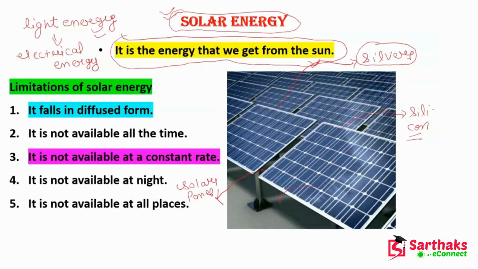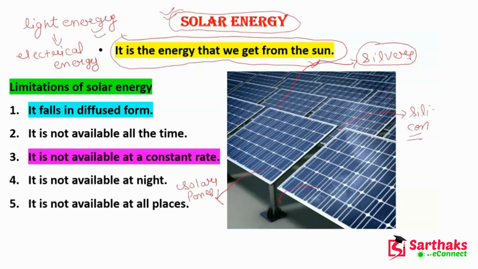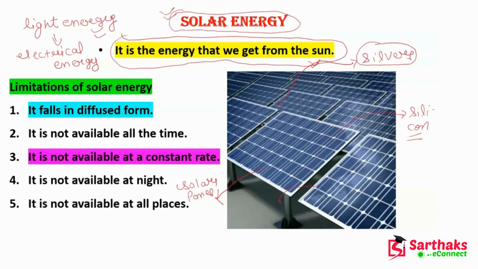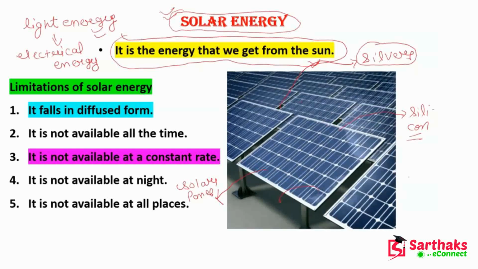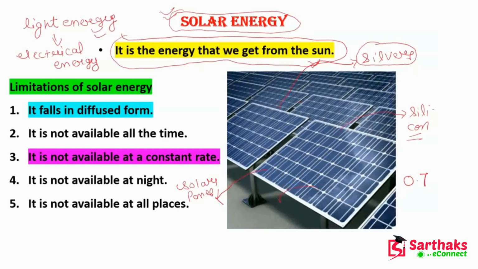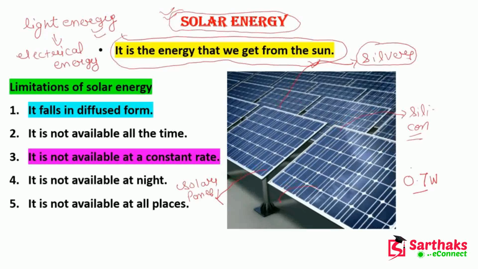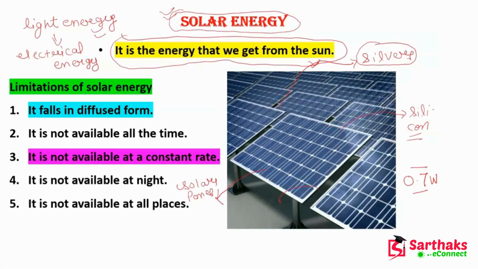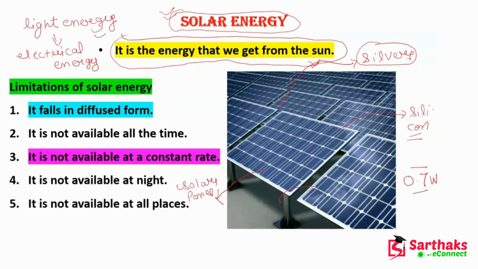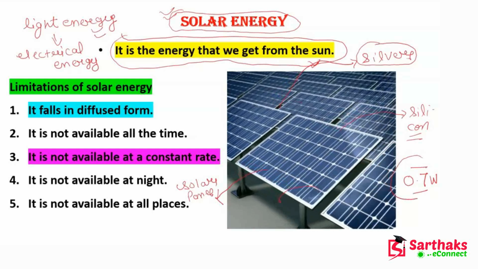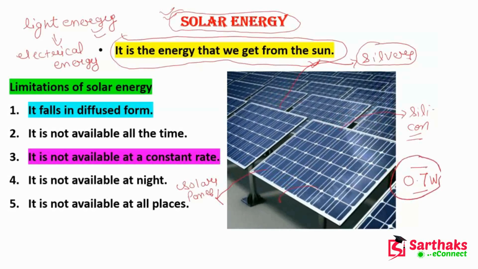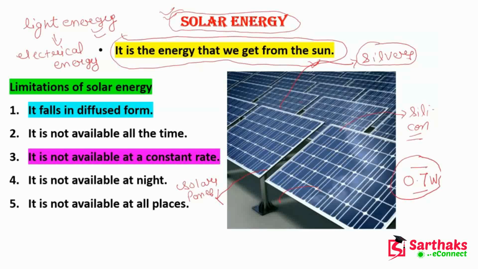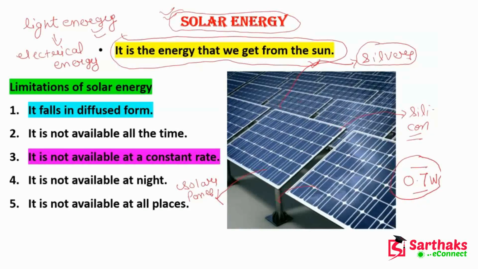So a solar panel is made up of solar cells, and one solar cell can generate electricity, or you can say power, up to 0.7 watt. Okay, so this is about solar energy.